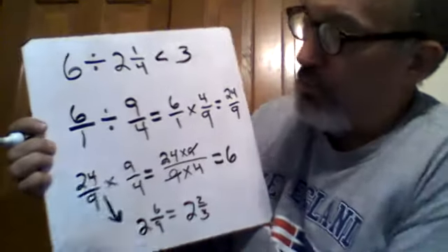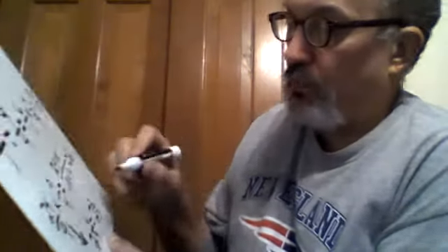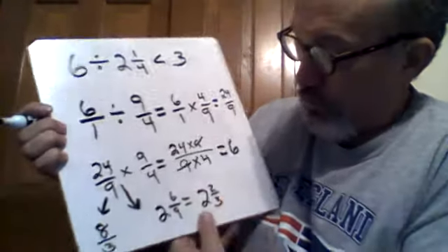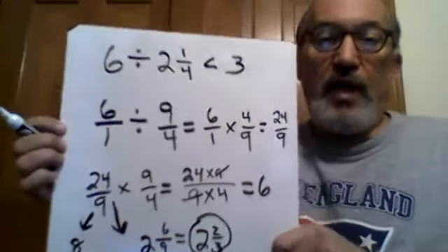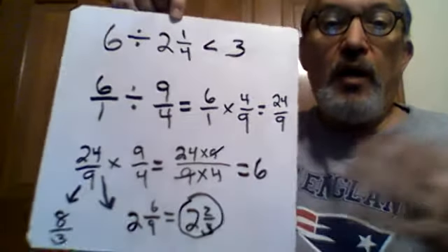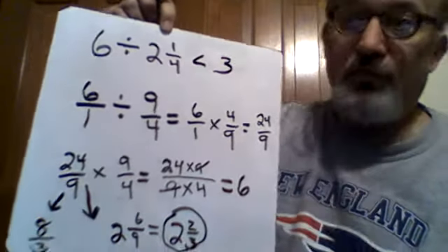We could have actually simplified this 24/9, dividing the top and bottom by 3. We could have simplified it first to 8/3. And then the 8/3 is 2 2/3. So this will be our final answer. But the 24/9 is really a better way to understand why the 2 2/3 is the answer.